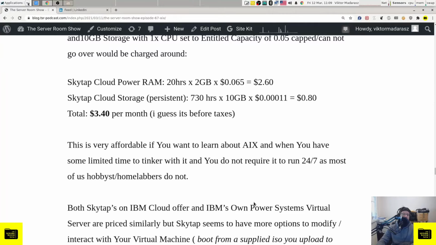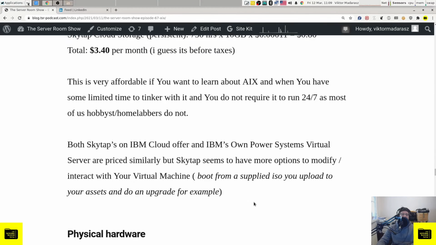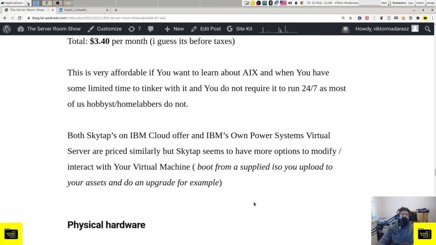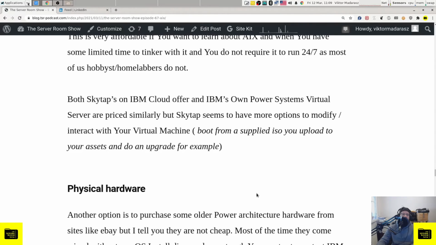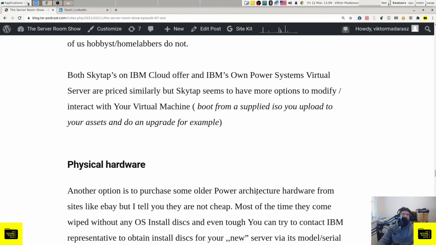So as you see, this is very affordable if you want to learn about AIX, and when you have limited time to tinker with it and you do not require it to run 24/7, as most of us hobbyists and home labbers do not. I think this is something we can afford, because it's cheaper than how much many of us spend on coffee in a month.